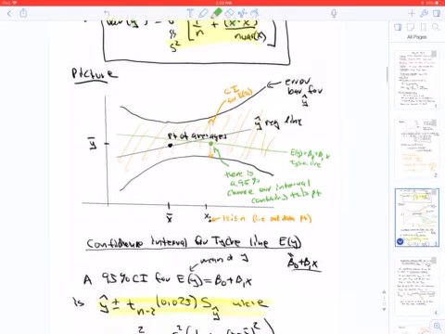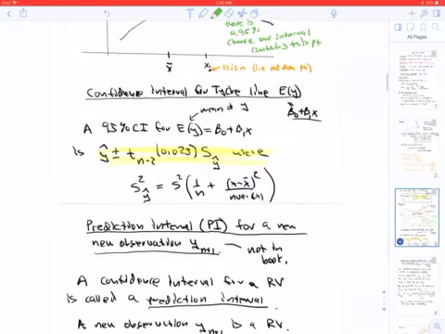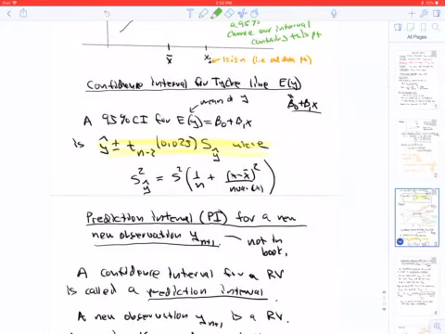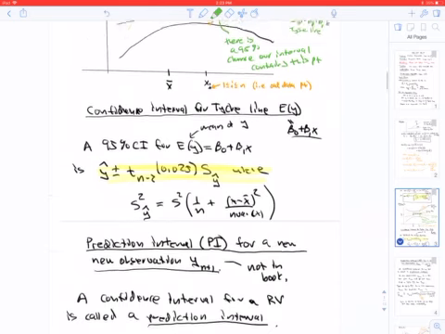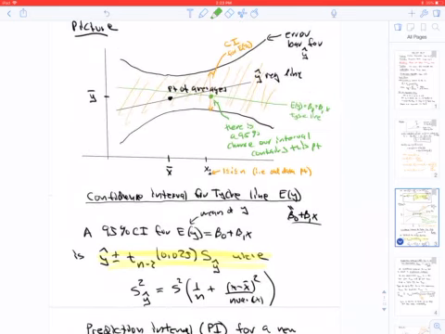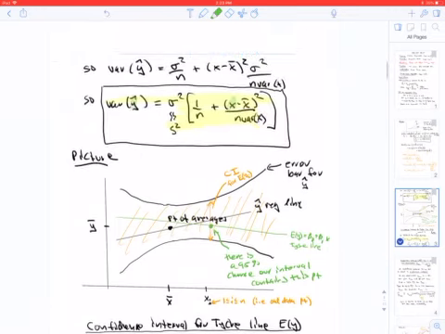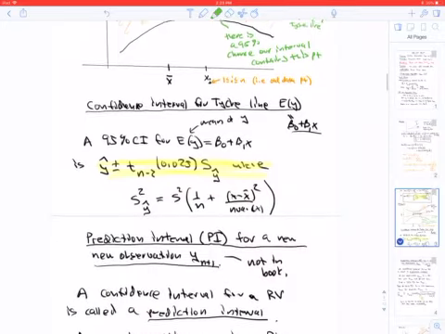And what we're going to do next is we can write a confidence interval for the Tyche line, E of y, and a 95% CI for E of y is given by this formula here, where the standard error is exactly what we computed above here.